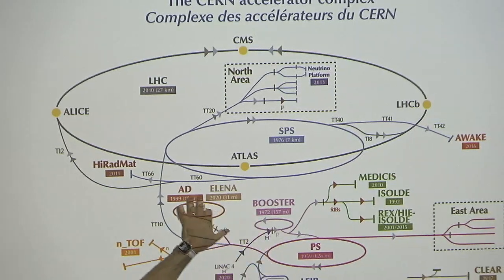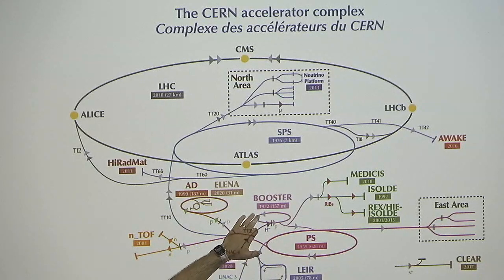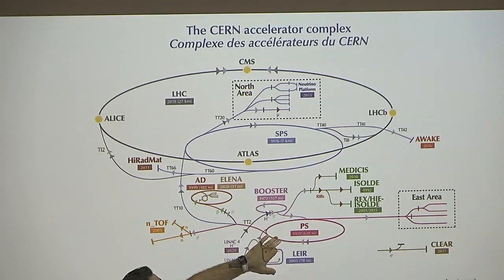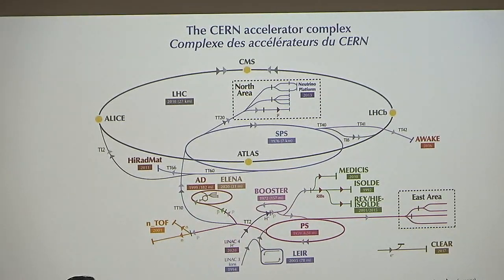Then you go through a series of synchrotrons: the booster, the proton synchrotron, and the superproton synchrotron. And that'll get you to 2 GeV, 26 GeV, 450 GeV. And then the last synchrotron is the LHC, which takes you from 450 GeV up to 7 TeV.